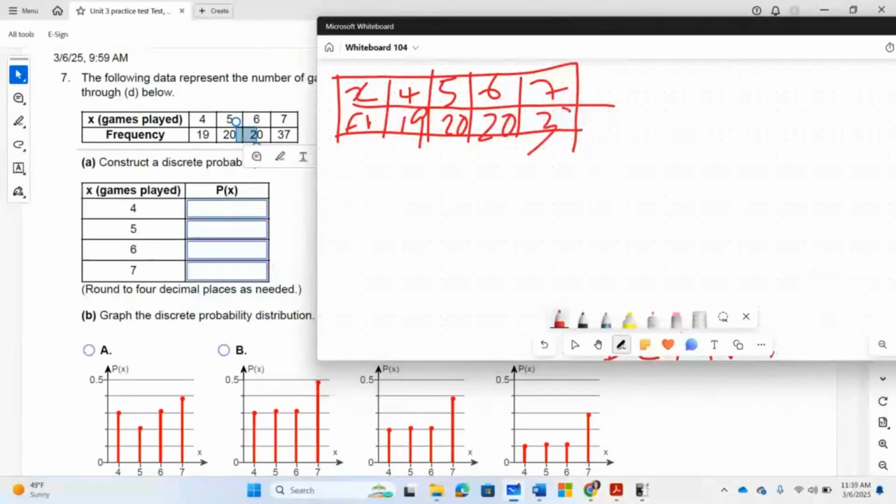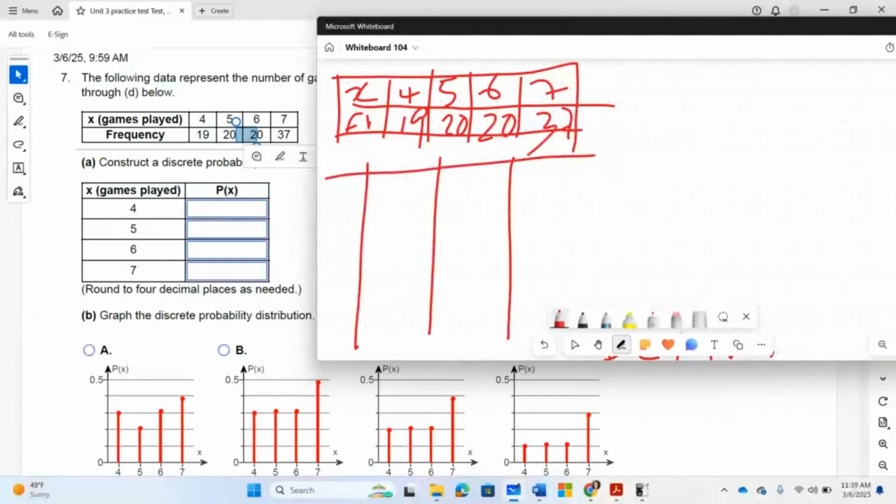All right, I'm now going to make a probability distribution from a frequency distribution. So this is random variable 4. And for 4, I need to find the total frequency from the frequency distribution.